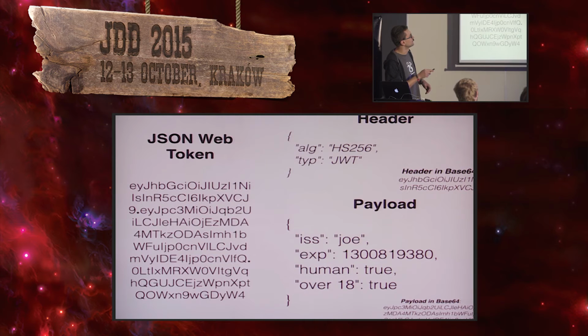So we take a header and we encode it in base64, and then we put it here, and we place a dot. Then we get the payload, we encode it in base64, we put it here, and we place a dot. And then we take the whole part, so header plus payload, we make a hash, and we put it here.